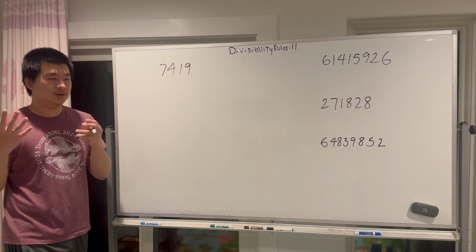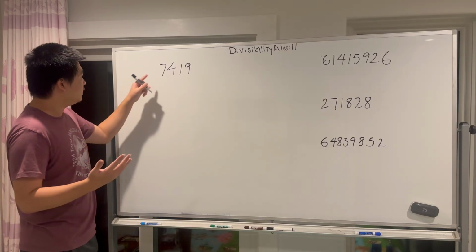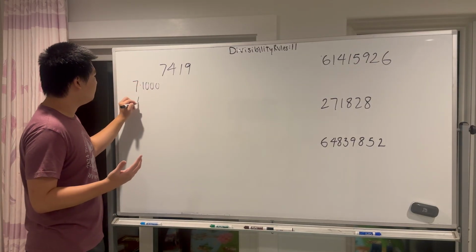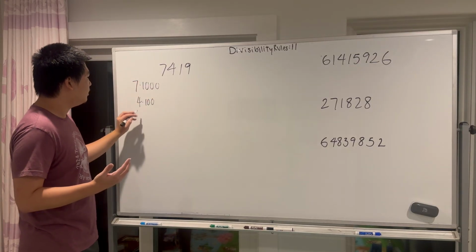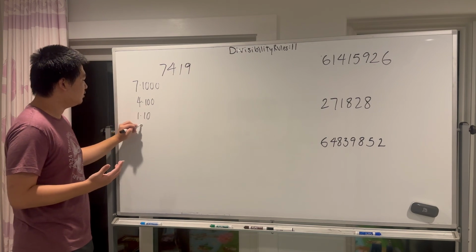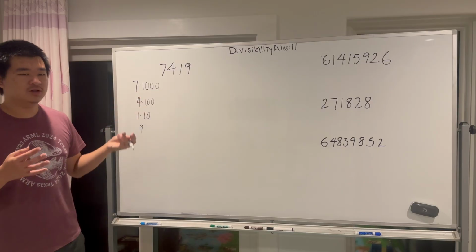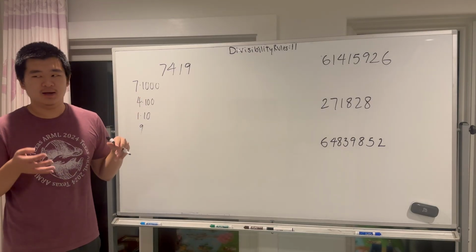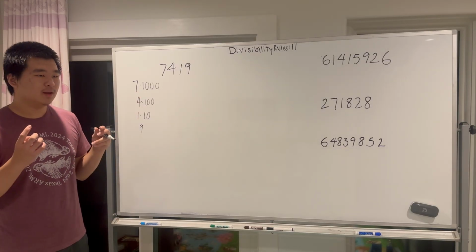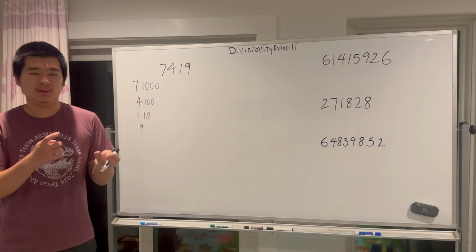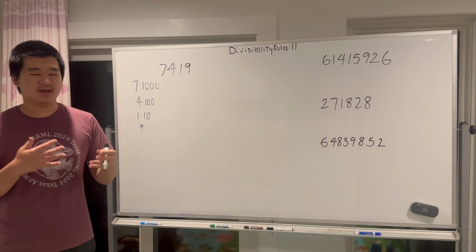Well, let's decompose. So this would be 7 times 1,000 plus 4 times 100 plus 1 times 10 plus 9. But we can't just do 999 plus 1, 99 plus 1, 9 plus 1, because that relied on 999, 99, and 9 all being multiples of 9 and letting us cancel those out.